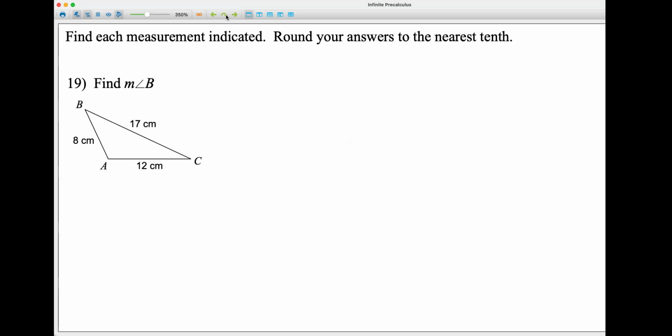Subtract that from 144. 64 plus 289, and then subtract that from 144. Negative 209. And that equals negative 272 cosine B.